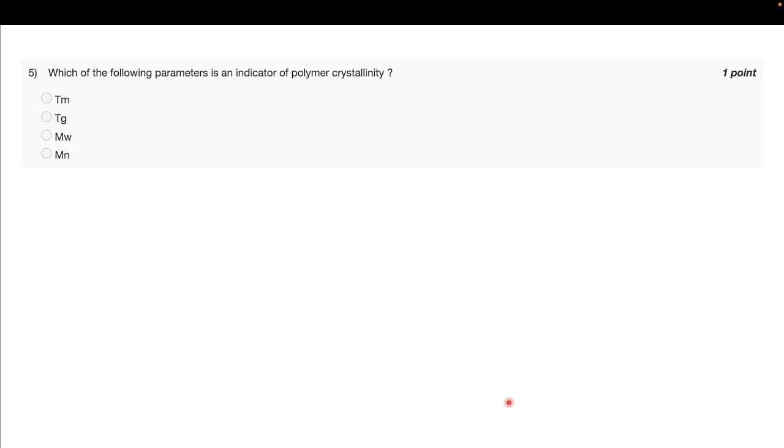Next is, which of the following parameters is an indicator of polymer crystallinity? Is it TM, is it TG, MW, or MN? You'll be able to answer if you know what these four abbreviations stand for. So let me know if anybody knows the answer.